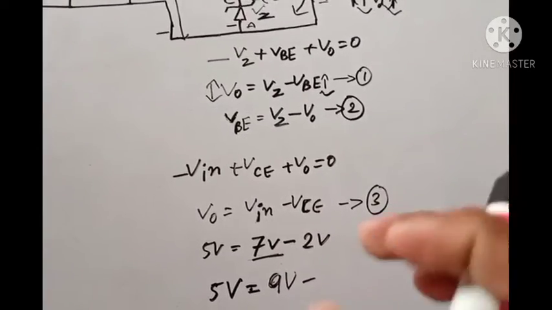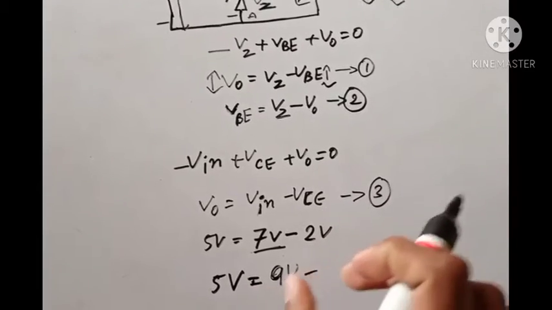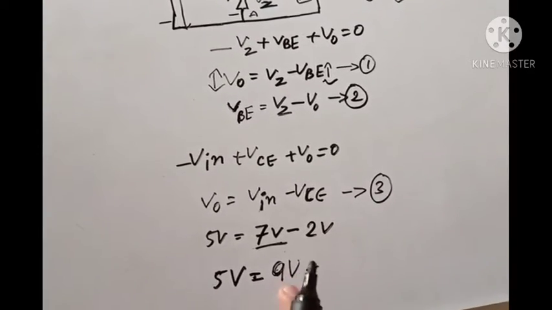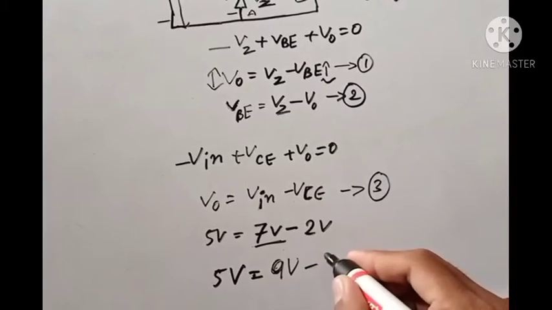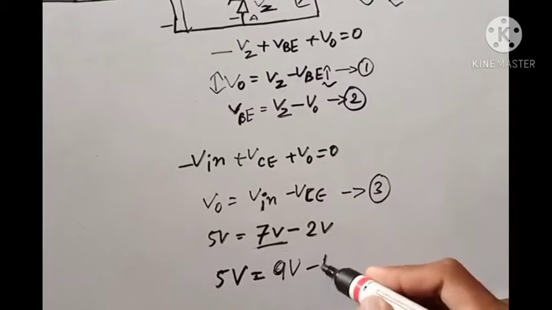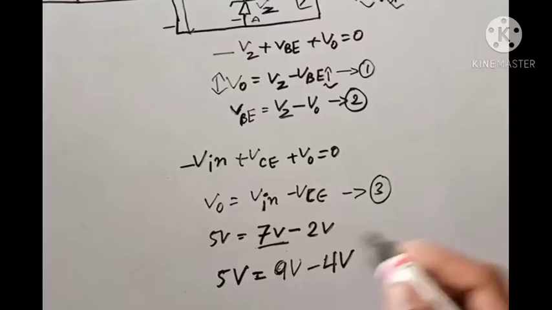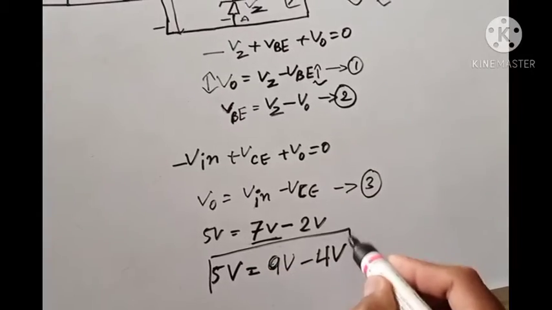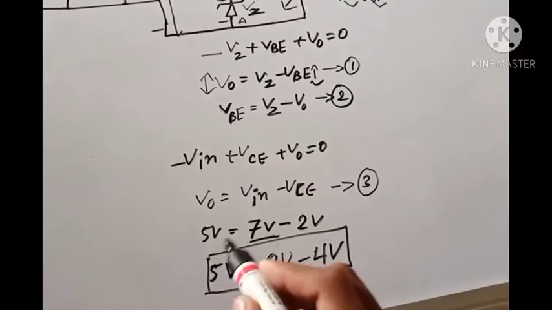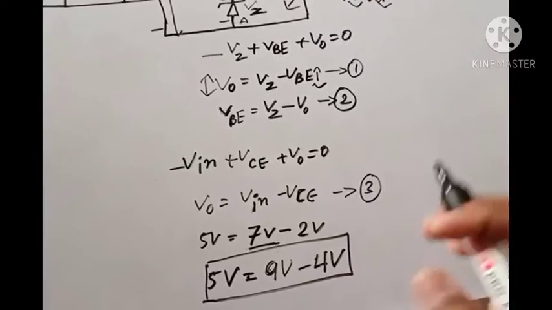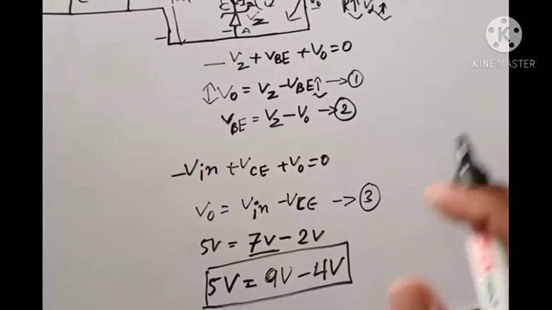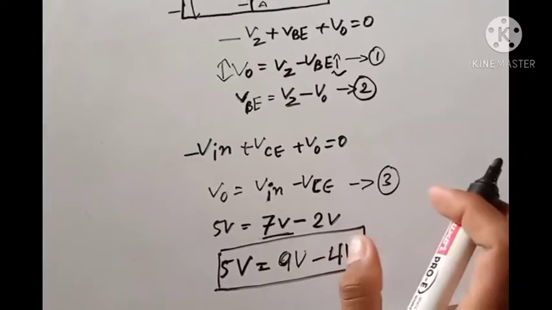To get the output of 5 volts, we have to subtract 4 volts from the 9 volts. So automatically the VCE voltage will be 4 volts. So in this way, the transistor acts as a variable resistor and it also controls the output voltage to remain constant.